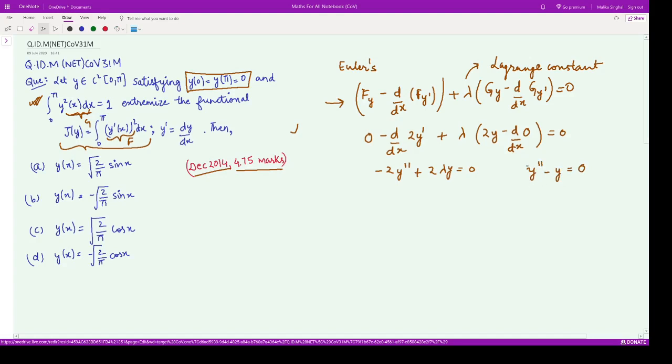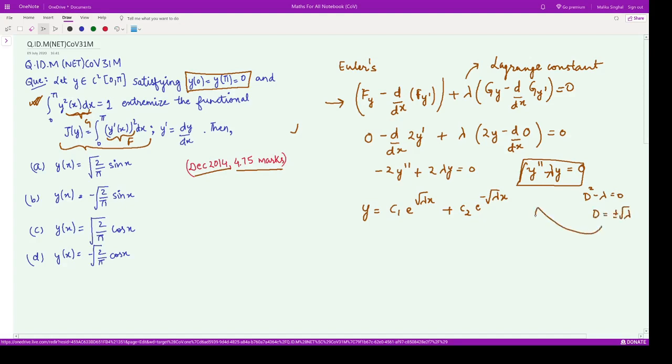So let us solve this equation. We have solved this many times. On solving this second order ordinary differential equation, we obtain y is equal to c1 e to the power square root of lambda x, sorry, here we have lambda also, right, plus c2 e to the power minus square root of lambda x, because if you write this equation in operator form you get D square minus lambda is equal to 0 and you have D is equal to plus minus square root of lambda.